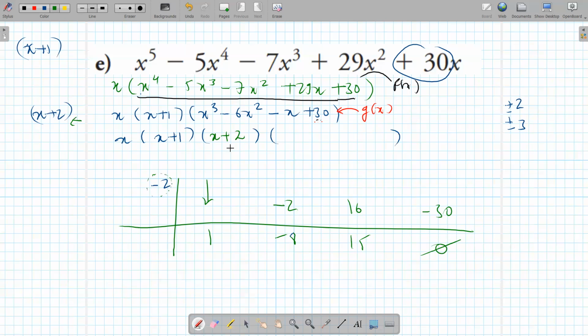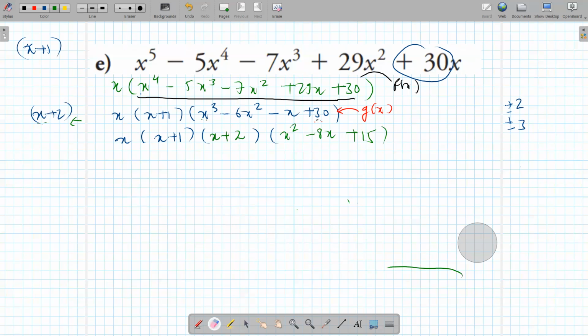What's our quotient? Look down here. We're dividing x cubed by x, right? So what will be our quotient? X squared, minus 8x plus 15. It goes 1 degree at a time. Now we're done with that part as well. Now we're finally going to factor the quadratic. What does it multiply to?